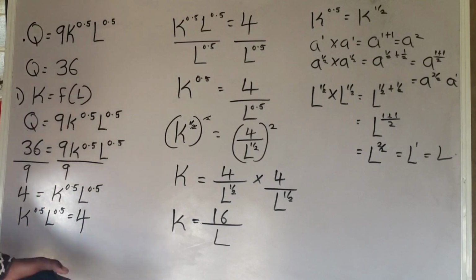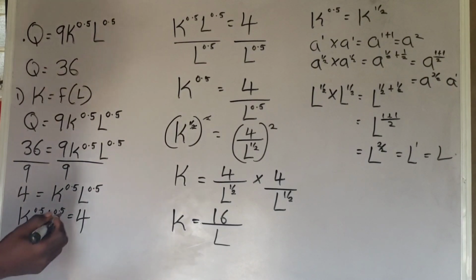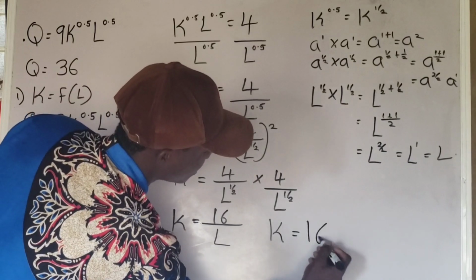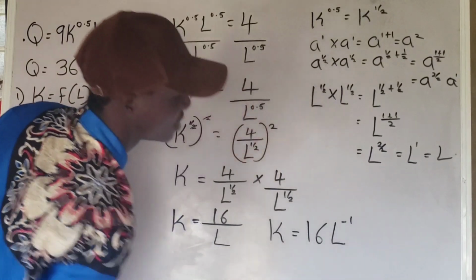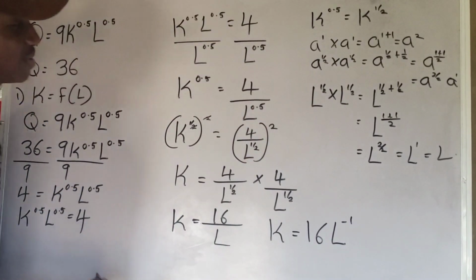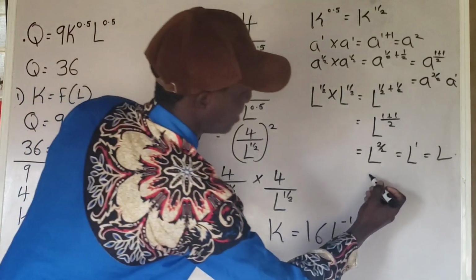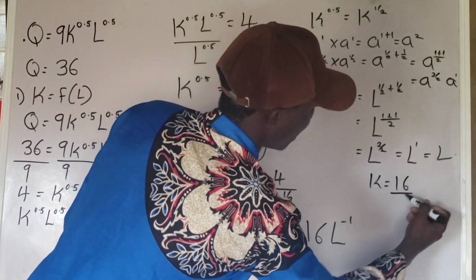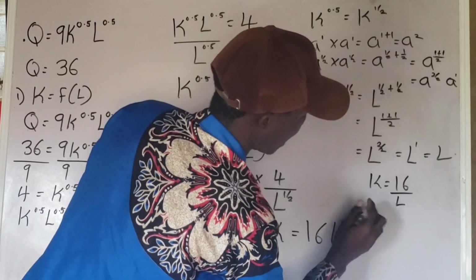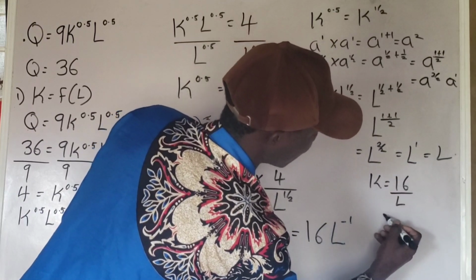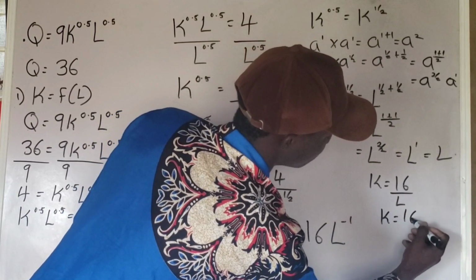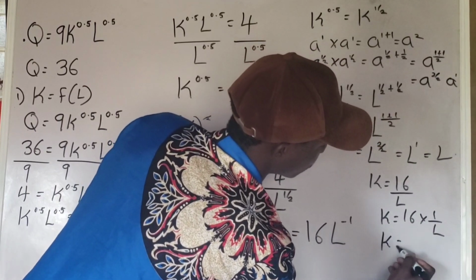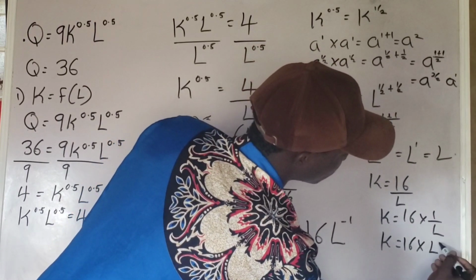So now, from this point, I can rewrite this as K will be equals to 16L raised to the power of negative 1. You understand? Please pay attention. K is equals to 16 over L. We can rewrite this as K equals 16 multiplied by 1 over L. Then K is equals to 16 multiplied by L raised to the power of negative 1.